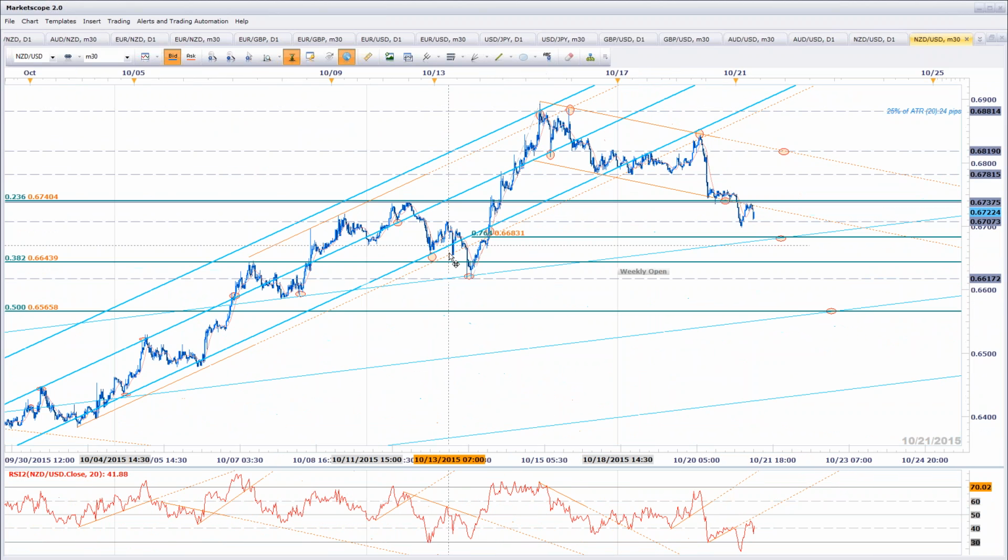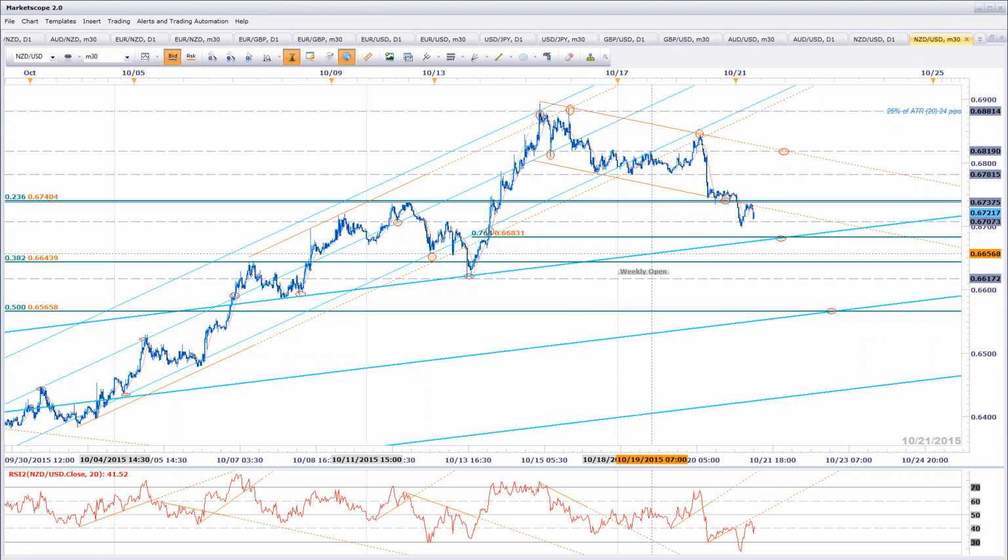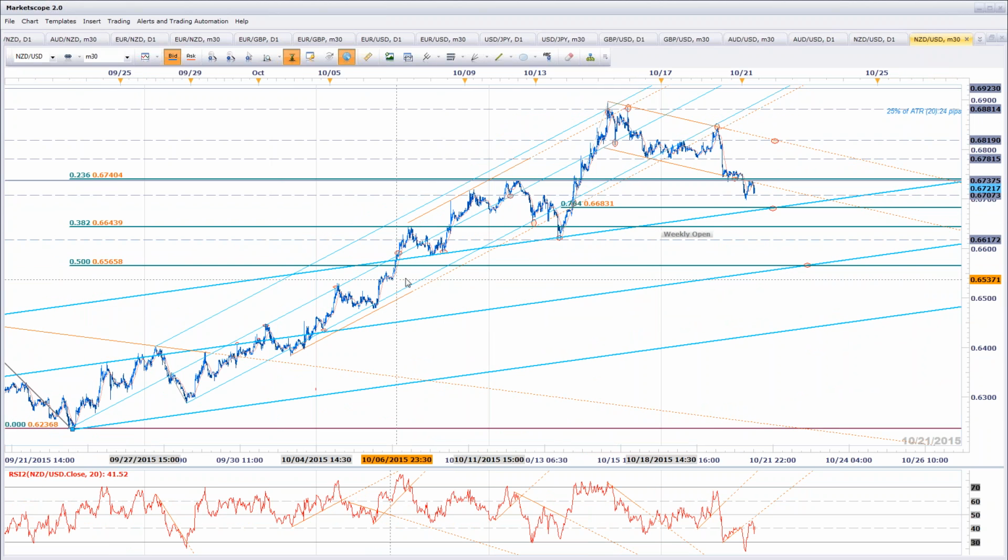So a basic 61.8 retracement from the advance off of just last week's range coincides almost dead on with that former upper median line parallel, and that's served as support 3 times already since we broke it. So that's the reason I'm looking at that, right? We try to keep it as simple as possible.